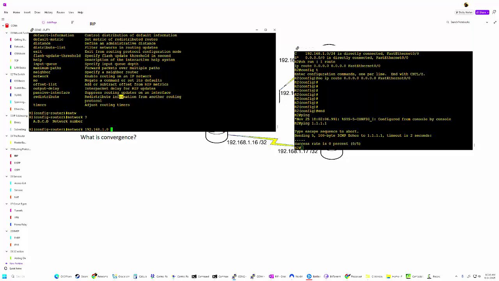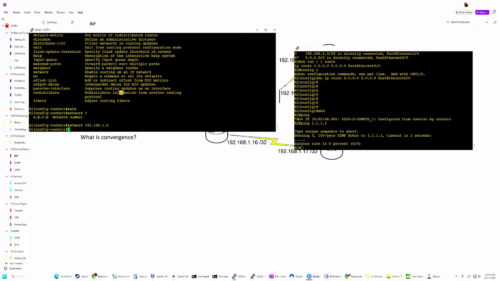Okay, now, RIP uses the default class aspect of that routing protocol in the network statement. So the first three are going to be 255s in the subnet mask, right, as a default subnet mask for the 192 address. So that's what I'm going to type in, right?